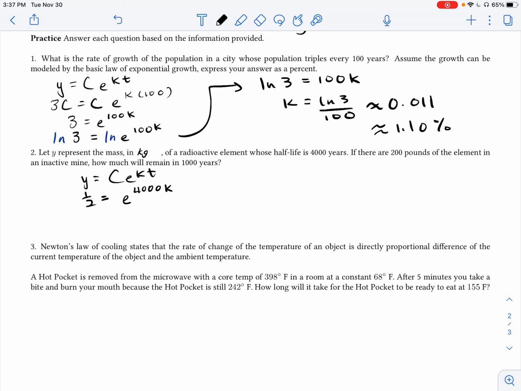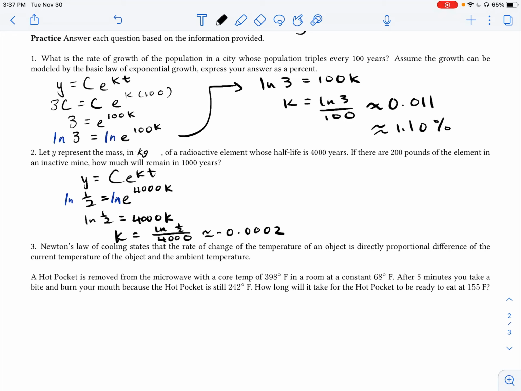Just like we did before, we're going to take the natural log of both sides. So we then say this is the natural log of 1/2 is equal to 4,000k. Oops, 4,000k, not 400. K then would be equal to the natural log of 1/2 all of this over 4,000, which is approximately equal to negative 0.002.